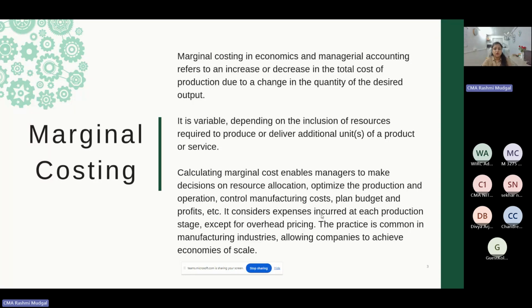Marginal costing is a managerial costing where we see, if I increase or decrease one or more units of output, my final output, what changes it brings in my profit or in my revenue. Okay, so how does marginal costing come into the picture?